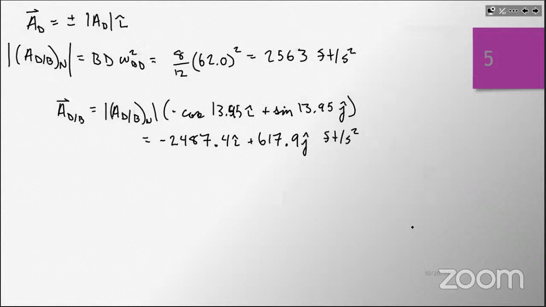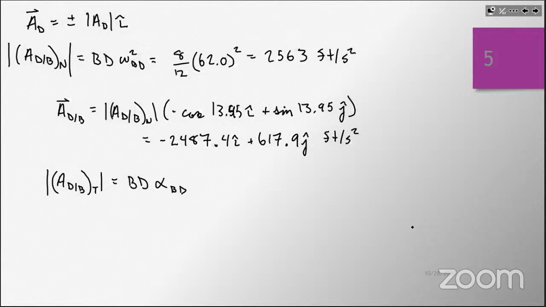And we can do something very similar for the tangential component. We're going to look at the magnitude first. That's what the absolute value signs around it mean. It means it's the magnitude, it's the amount. And the magnitude in the tangential direction is just the length of BD times the angular acceleration of BD.